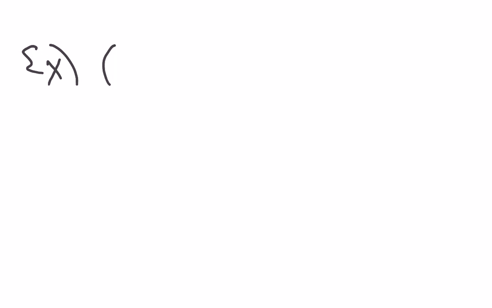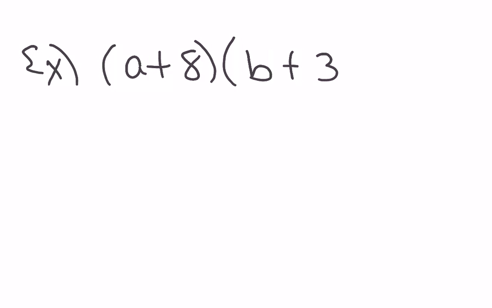So first example, we're going to have a plus 8 times b plus 3. Now remember, FOIL means first, outer, inner, last. And so we're going to go ahead and multiply the first, which is a times b.